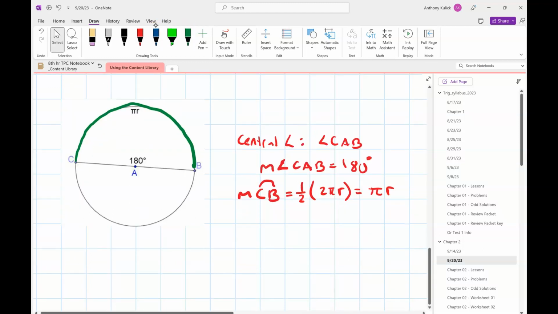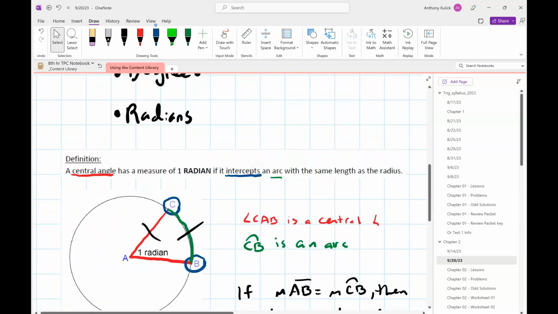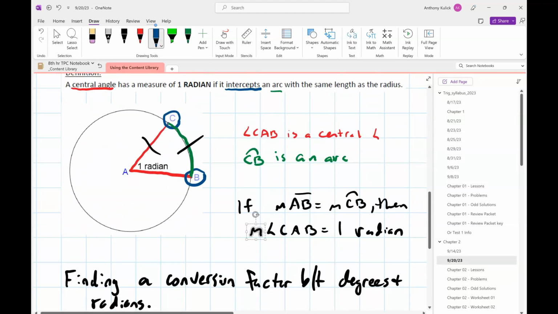So we have this, right? So what I want to do now is figure out, okay, we know CAB is 180 degrees. I want to figure out what that is in radians then. So I remember that in my definition above, if the radius is equal to the arc length, then we have 1 radian, right?